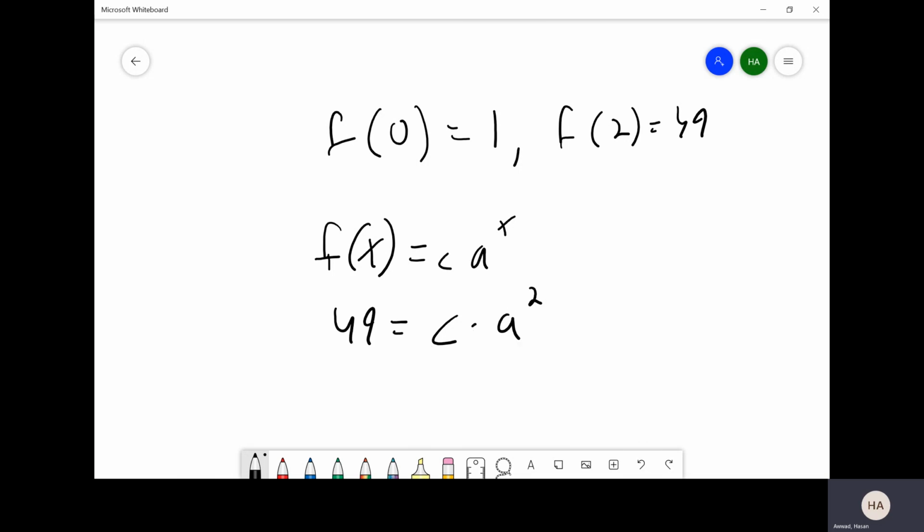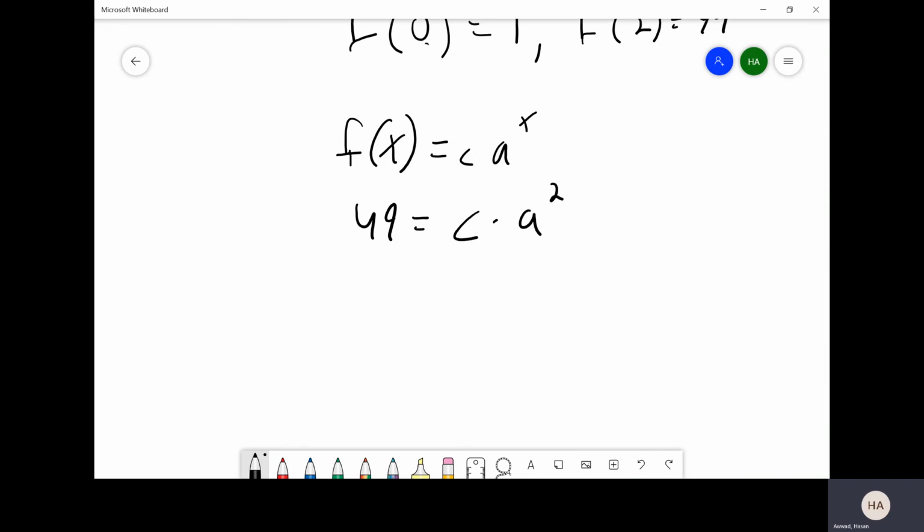So what you should do here, if you can't cancel out one of the variables immediately, basically if your input is never 0, because 0 is the only way that you're going to cancel a to the x, then what you should do is solve for one of your variables. So what do I mean by that?